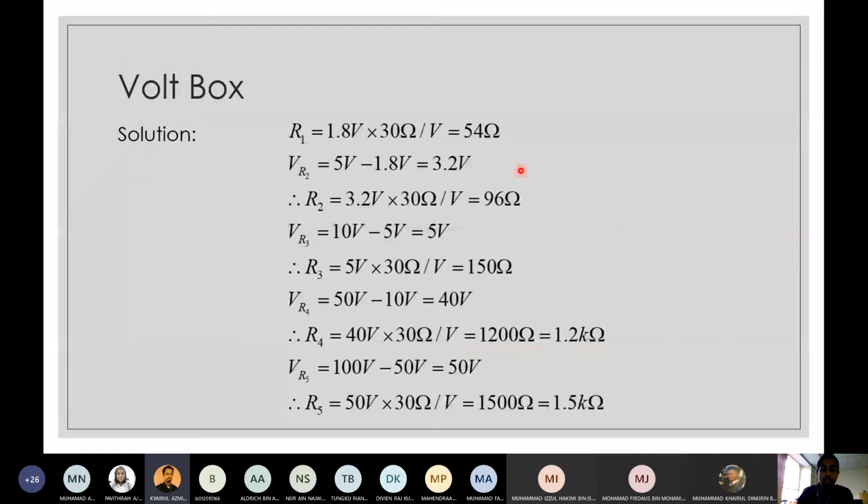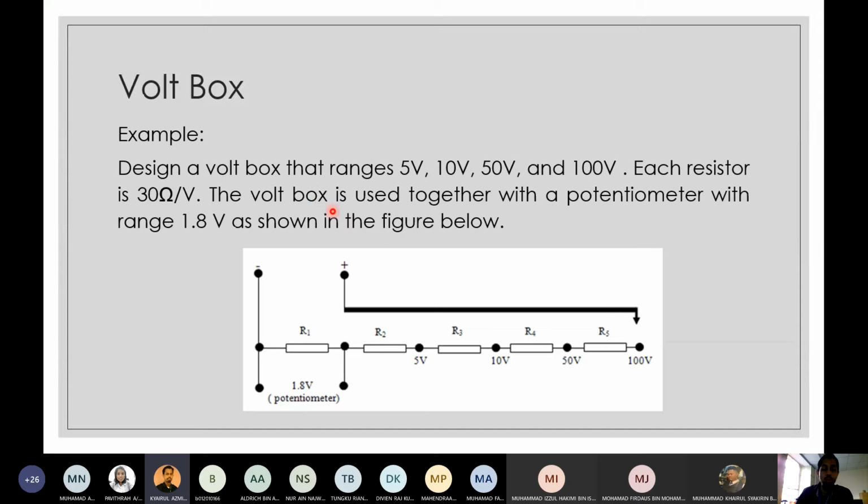So that's why we have here 3.2 volts. We multiply by 30 ohms per volt. Again, the volts cancel, we only get ohms, and the answer should be 96 ohms. So now R2, we need to set to 96 ohms for us to be able to measure 5 volt.